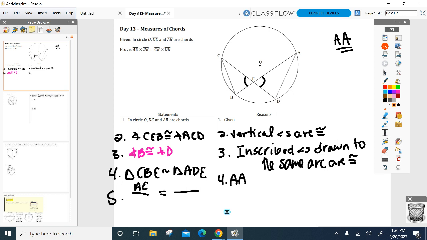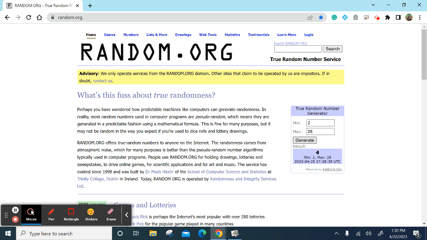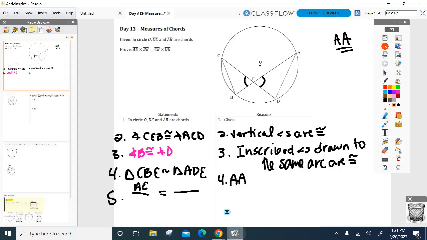Cross multiply, right? So AE times BE, where would BE have to go then? Bottom right. Because if I'm going to cross multiply, that's where it goes. And the other two, pick wherever you'd like. I'm still going to end up cross multiplying them.